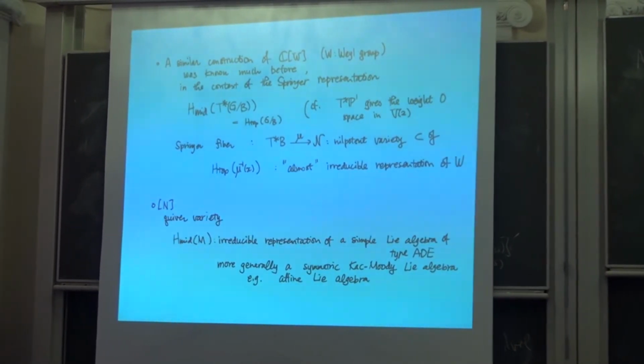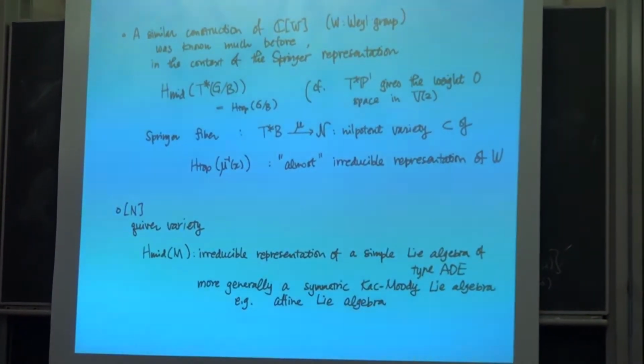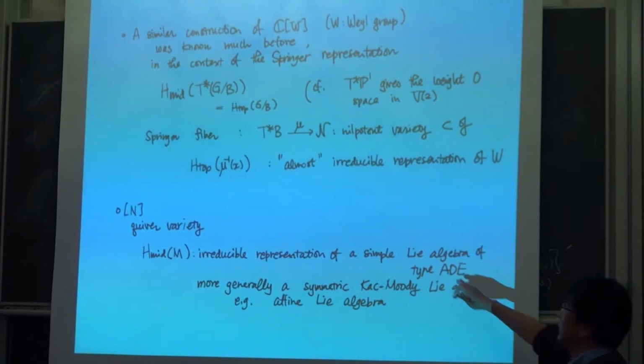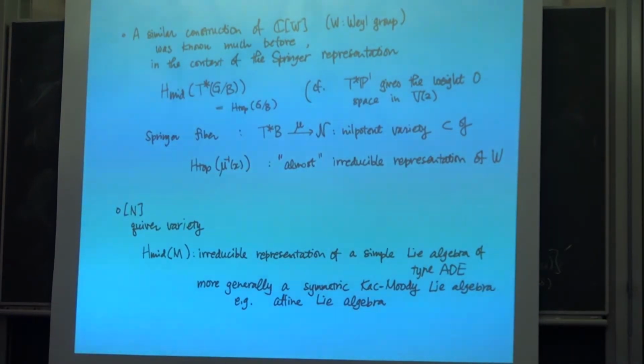And I named it quiver variety. And its middle degree homology group is an irreducible representation of a simple Lie algebra of type ADE, or more generally, a so-called symmetric Kac-Moody Lie algebra, which is, for example, an affine Lie algebra.